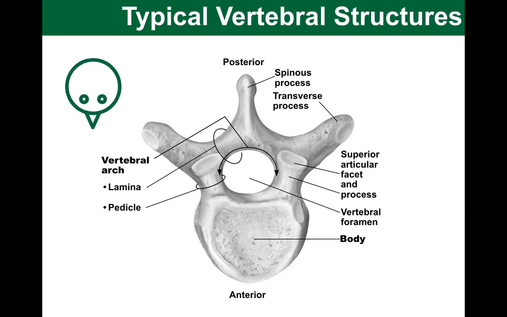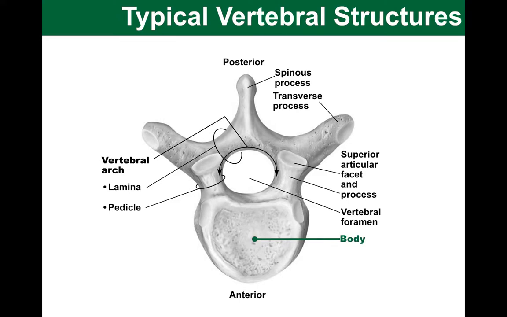So here we are looking at one vertebra from the top, looking down, and the back of an individual would be at the top of the screen and the front at the bottom of the screen, like this. So let's look at different parts.